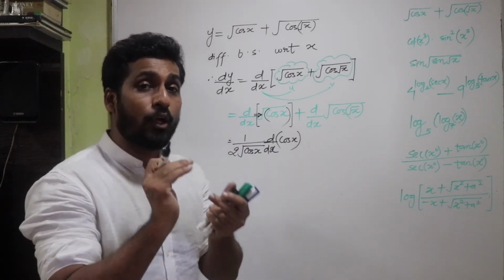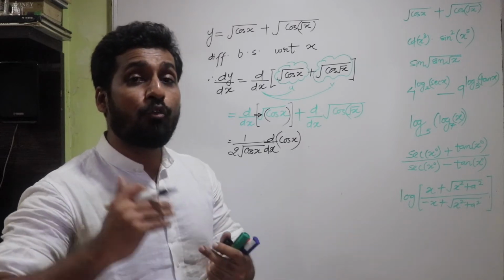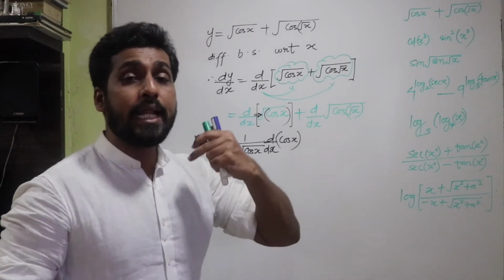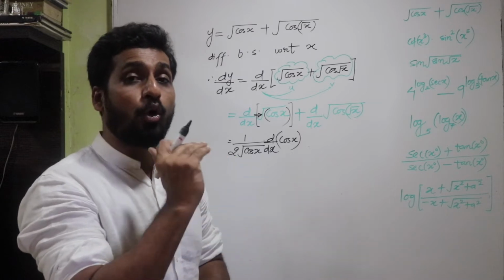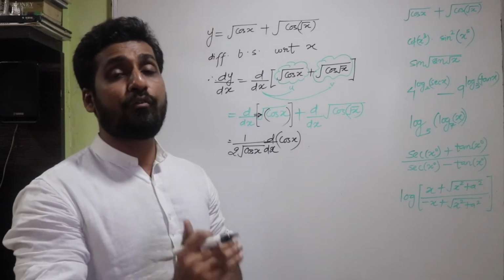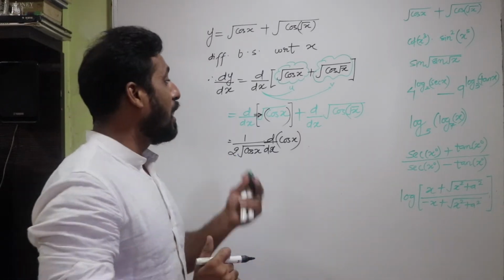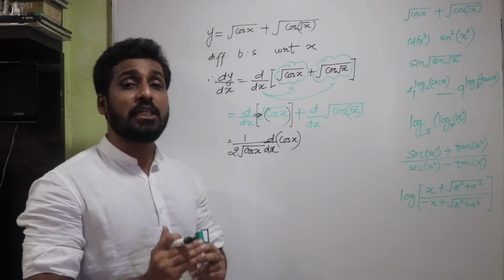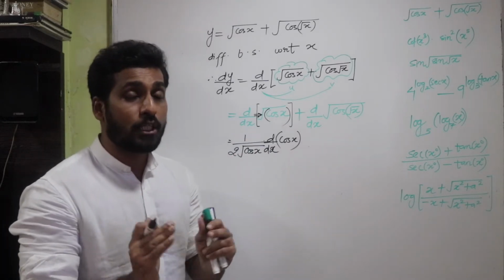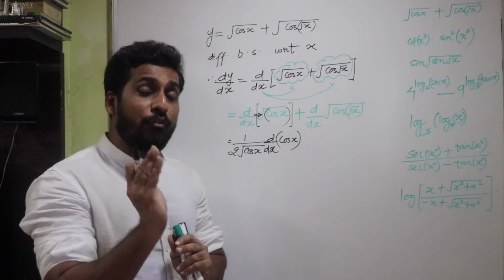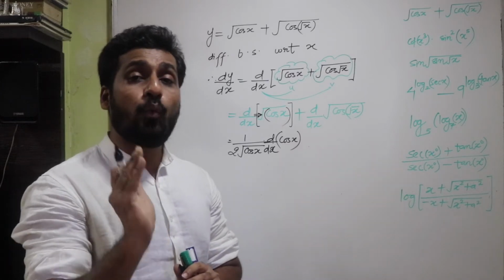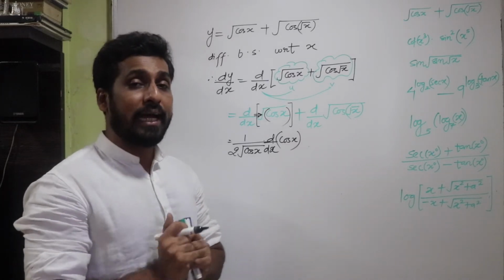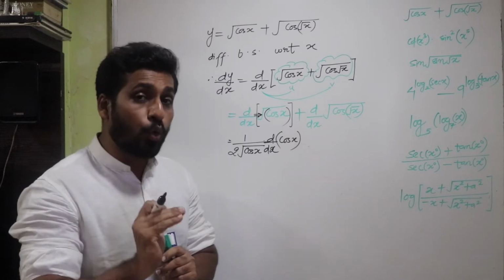So I will treat it like root u, and the derivative of root x was 1 upon 2 root x. The derivative of root u will be 1 upon 2 root u. Again you have to differentiate u with respect to x, because you have to remember that the differentiation is carried out with respect to x, not with respect to u. If I had asked you to differentiate with respect to u, then my derivative would have been 1 upon 2 root u.